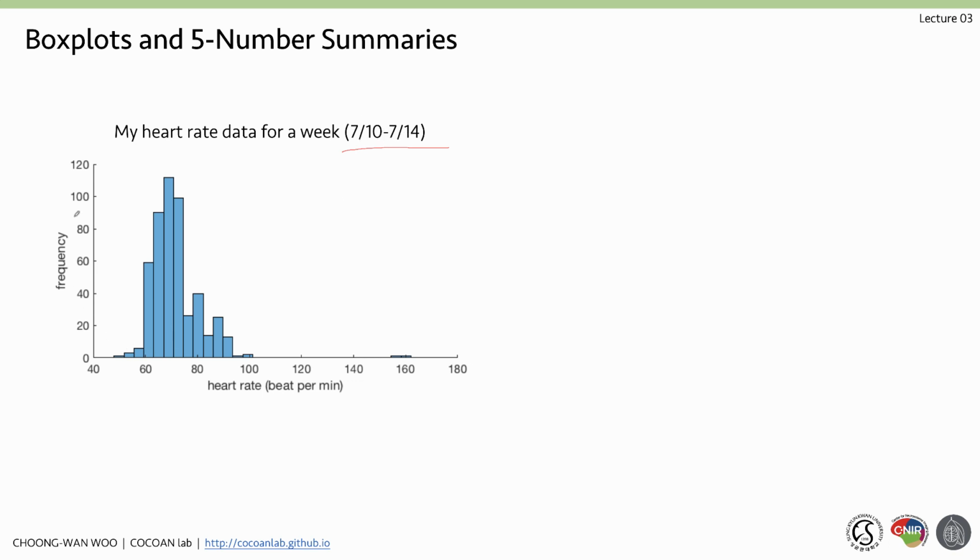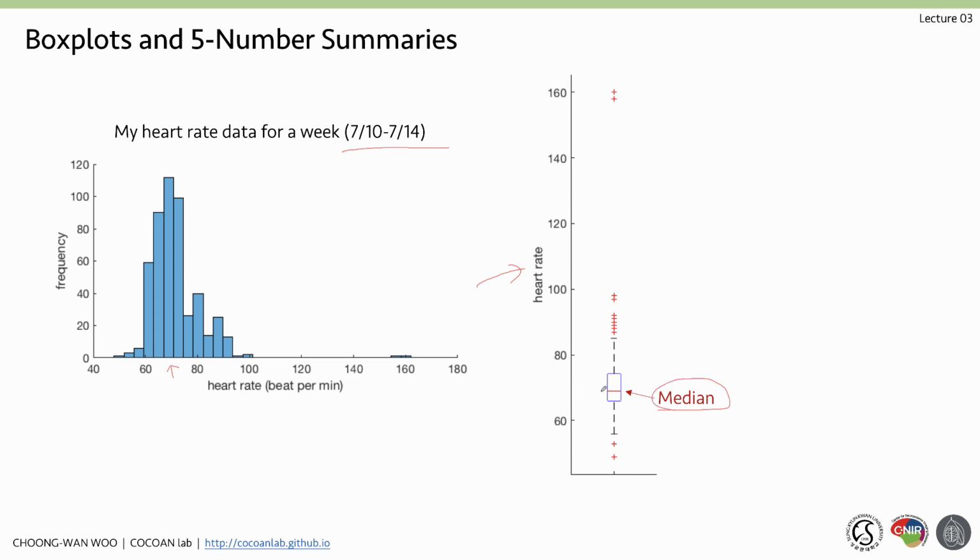Let's say this is frequency and this is my heart rate. I made a box plot, and the line here is the median, around 70. This is the upper quartile, 75%, and this is 25%, and this is 50% of the data.